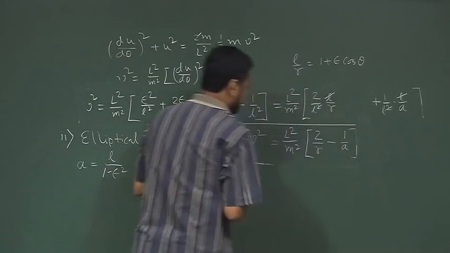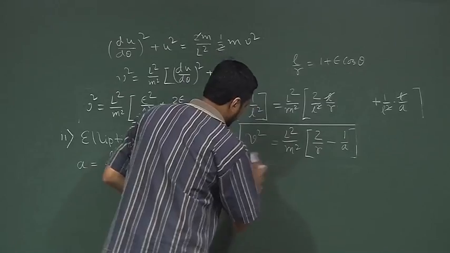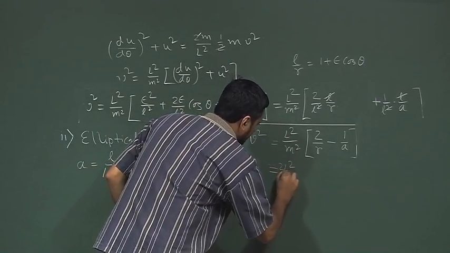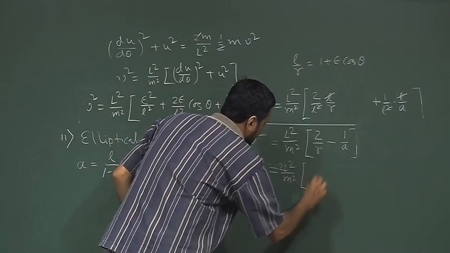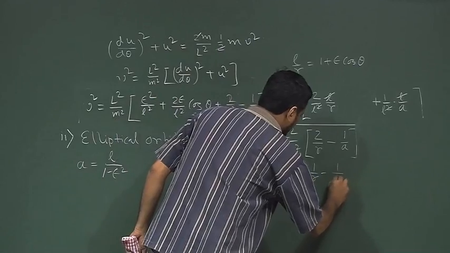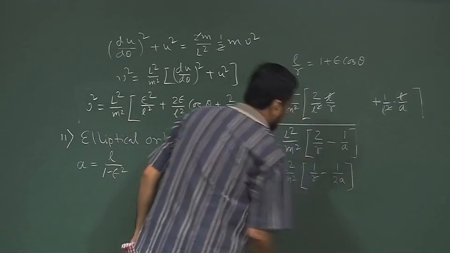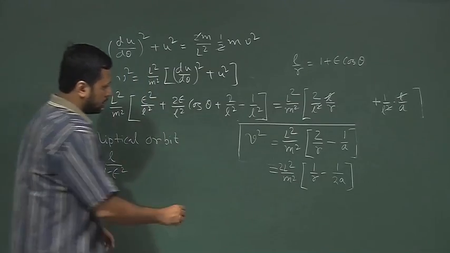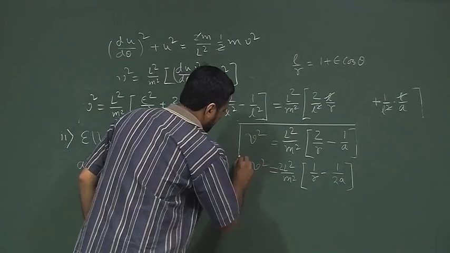If you just do one more mathematical step and write this as 2 L square by m square times 1 by r minus 1 by 2a, right. So V square is equal to this.